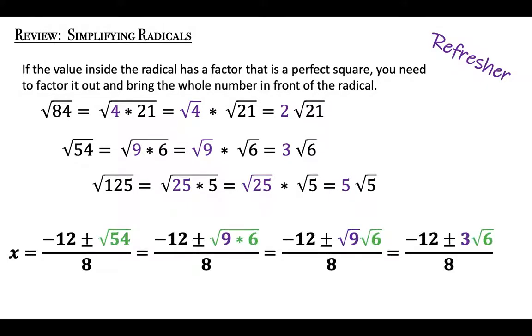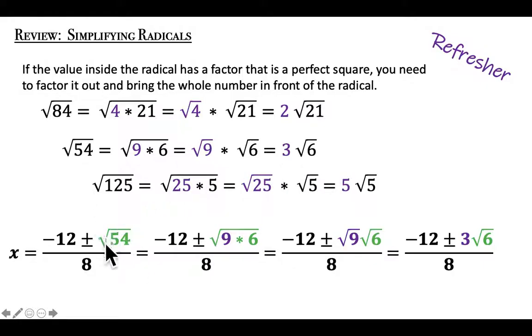Last thing about simplifying radicals is that this might be the format that you would get after you used the quadratic formula. So you'd have a value plus or minus a radical divided by a number. So in this case, I've used 54 again. So I've shown you how this could sit inside of our solution. So we would just do the same thing that we did across the top.